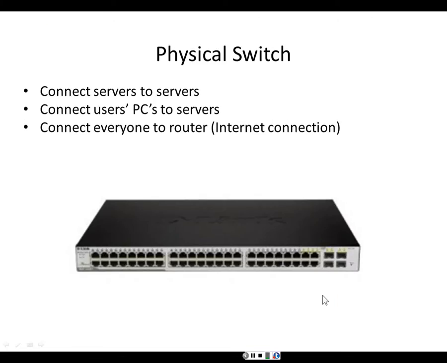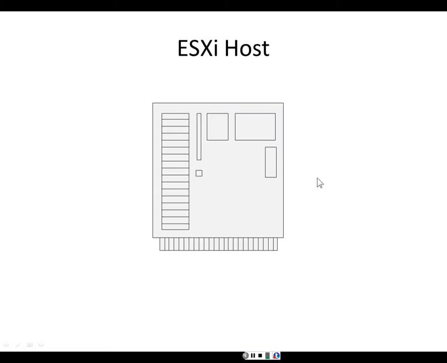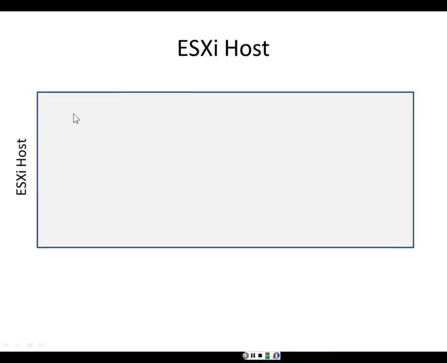A physical switch connects servers to servers, PCs to servers, and everyone to the uplink. A virtual switch does the same thing. This box right here is supposed to be an ESXi host.